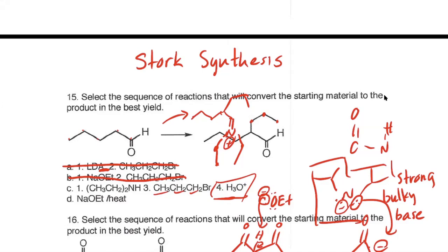Remember, when you're trying to create the enamine, you want to put non-aqueous acid. And whenever you put aqueous acid, you're going to send this back to the carbonyl. So you just basically replace that nitrogen, and this is at some point in the mechanism going to come off, and you replace that with the oxygen of the carbonyl.